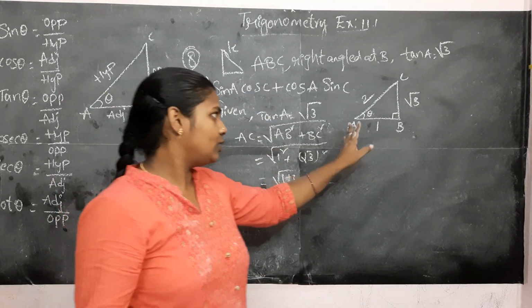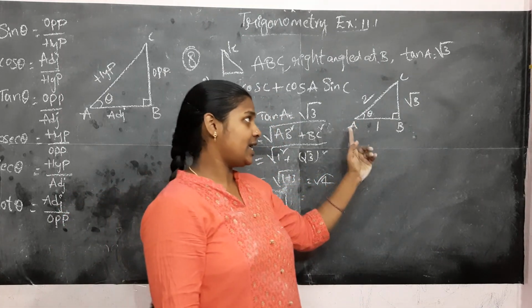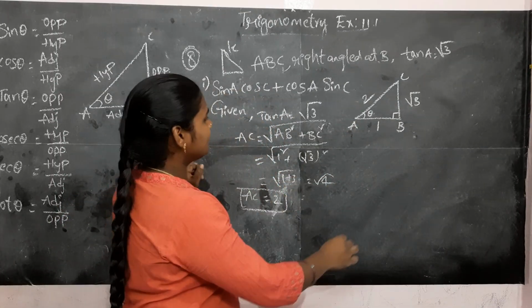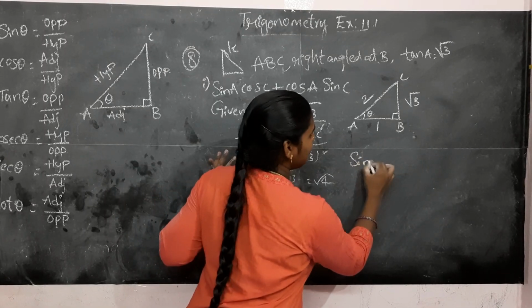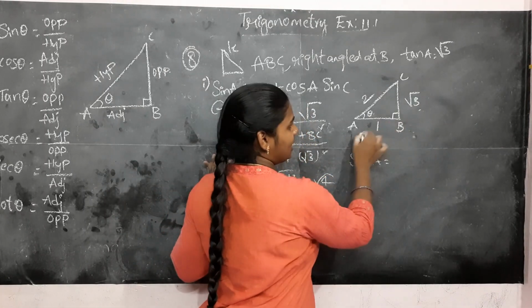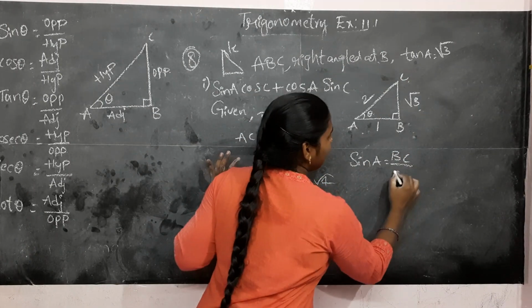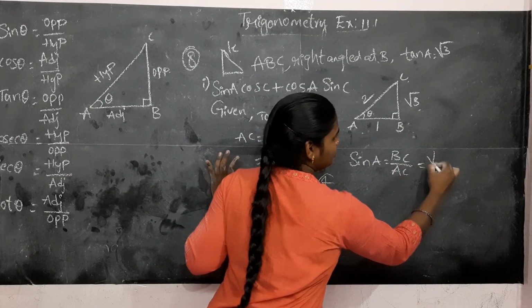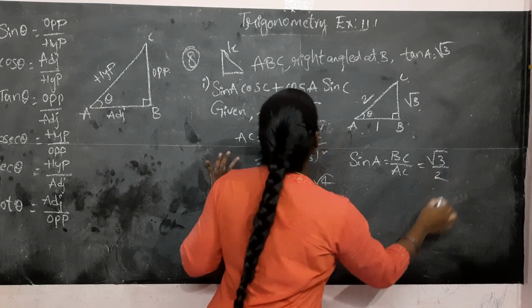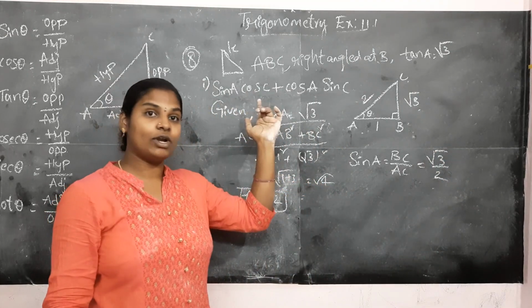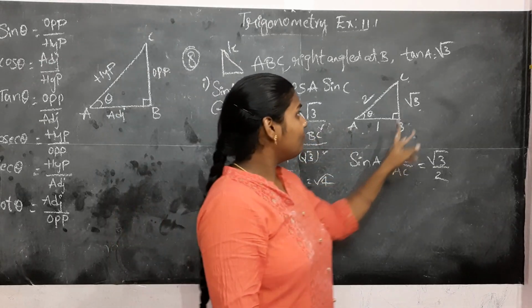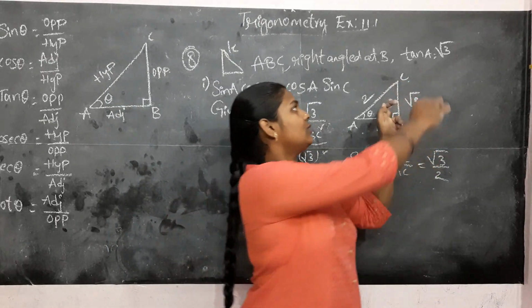So when we are looking from the perspective of A, what is sin A? Opposite by hypotenuse, BC by AC, which is root 3 by 2. But what about cos C? For cos C, we need to look from here. Cos C is here.